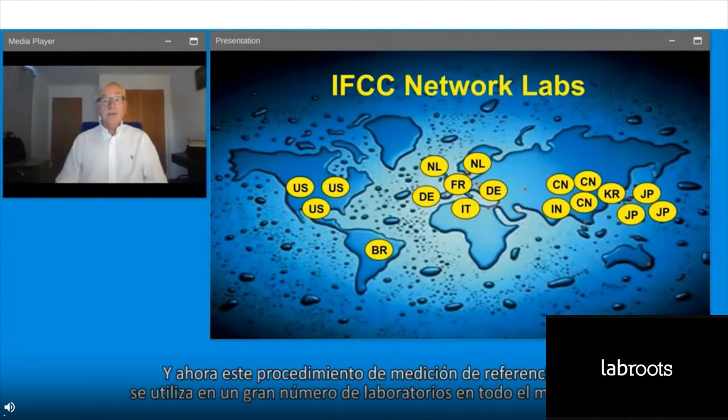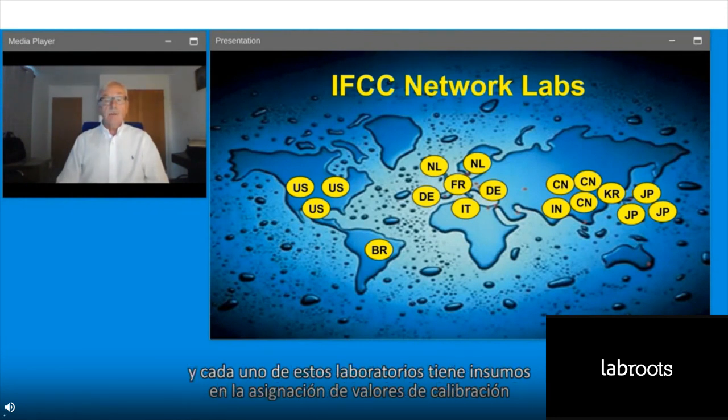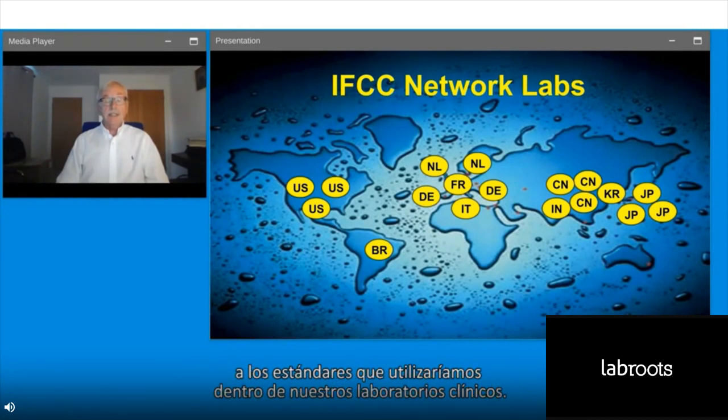And now this reference measurement procedure is used in a large number of laboratories worldwide. Every single one of these labs runs the reference measurement procedure, and every one of these laboratories has input into assigning calibration values to standards that we would use within our clinical laboratories.